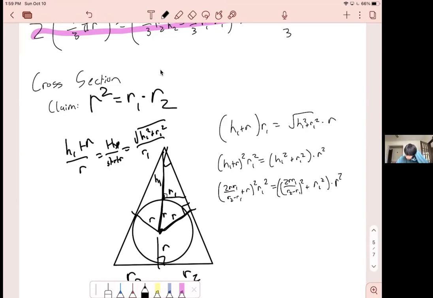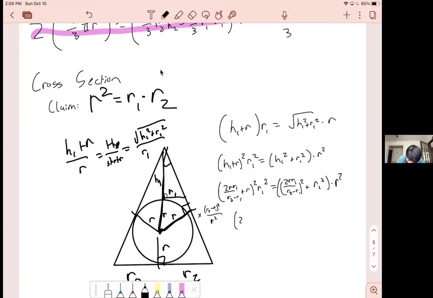this whole mess. And then you multiply both sides by (R2 minus R1) squared, and then you divide both sides by R squared.